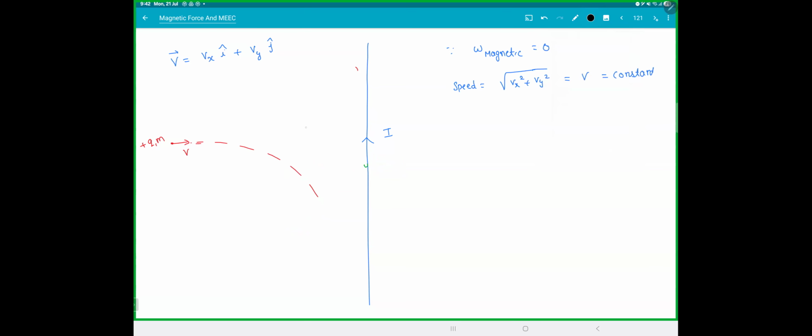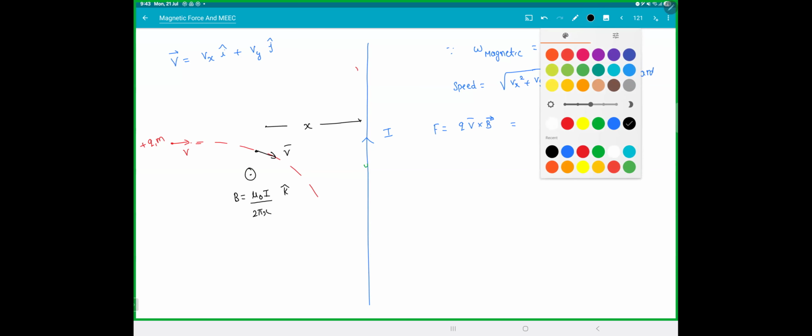So let's say it is at some distance x. At this point, if you see the magnetic field, it is out of the plane, B, which is mu naught I by 2 pi x. Your velocity v is in some direction. The force acting on this will be qv cross B. This will be qv cross B k cap.